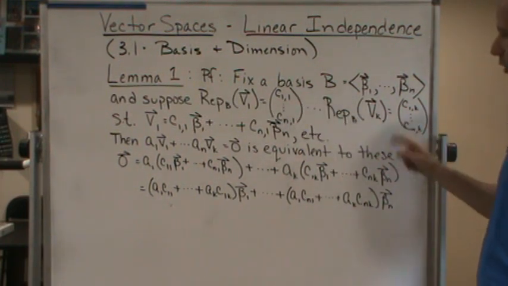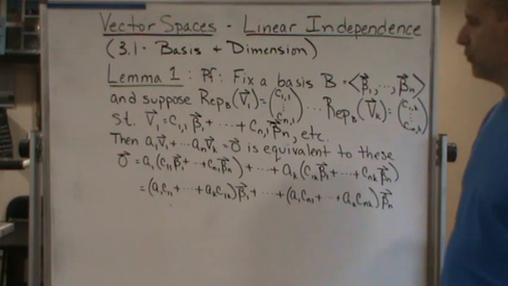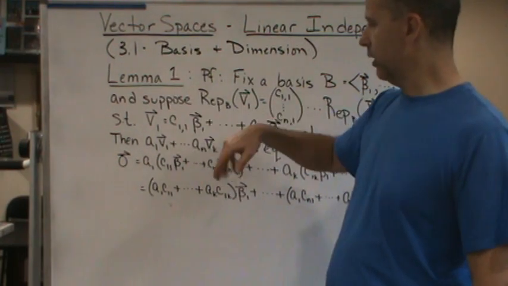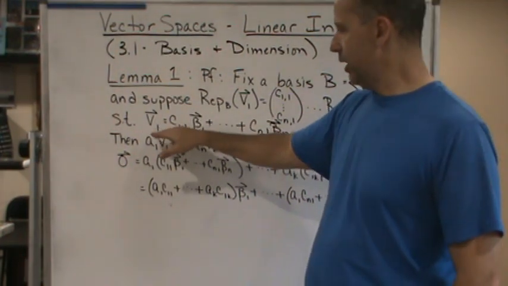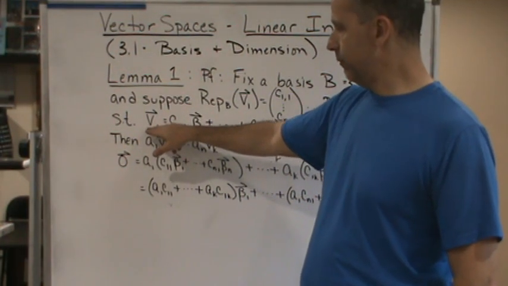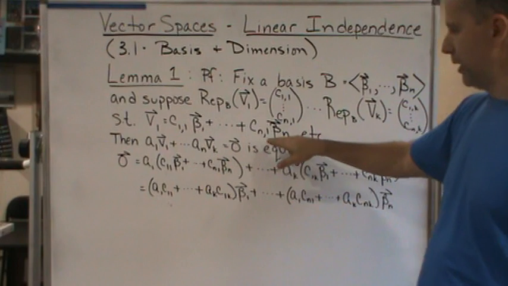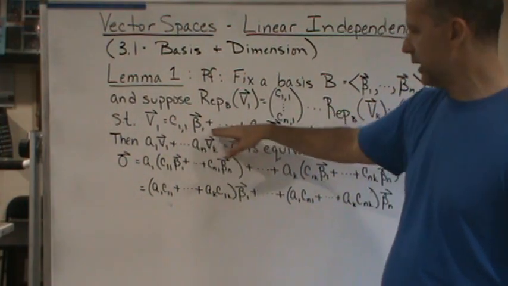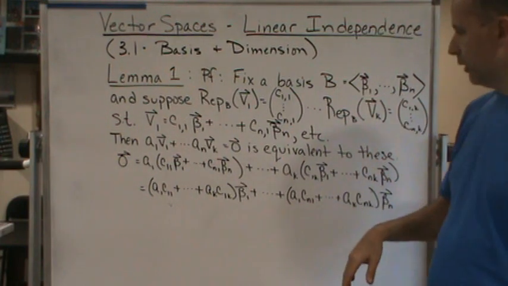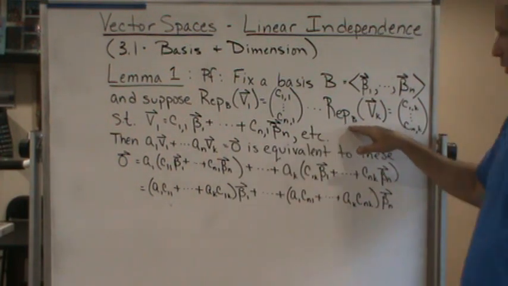So here are the coefficients. Again, part of this supposition is that you have these representations such that V1 equals the linear combination of the coefficient vectors in this representation and the basis, and so on, all the way through here.